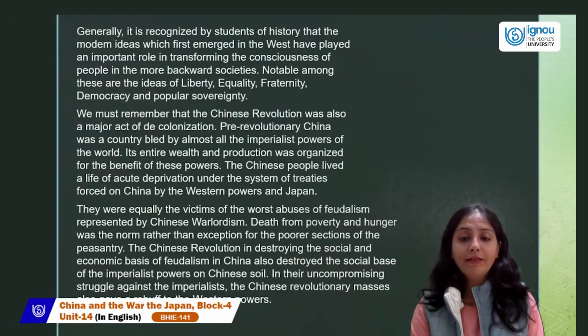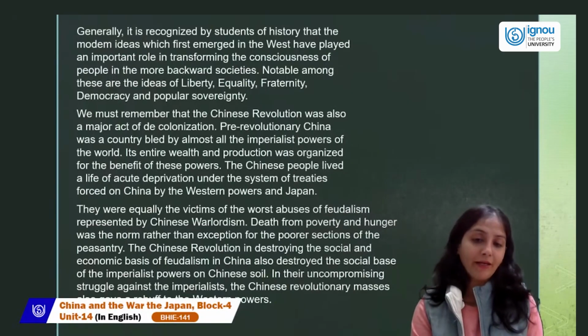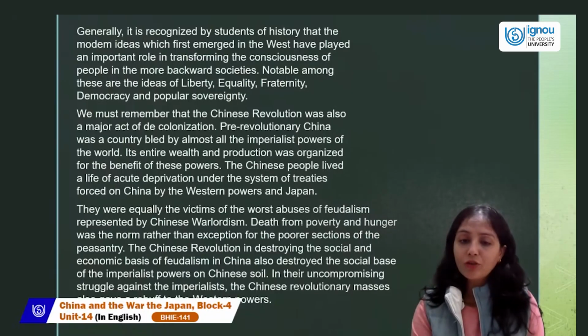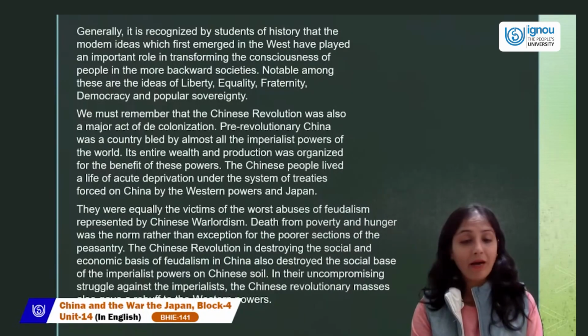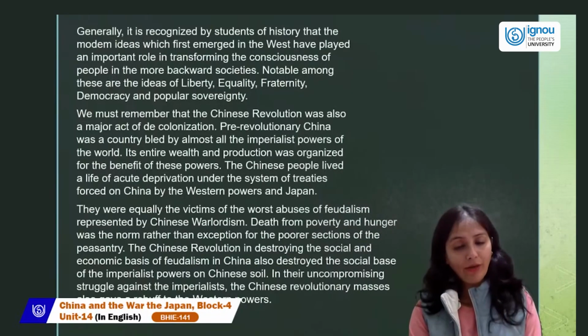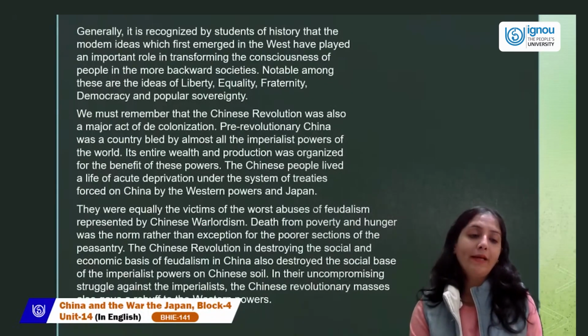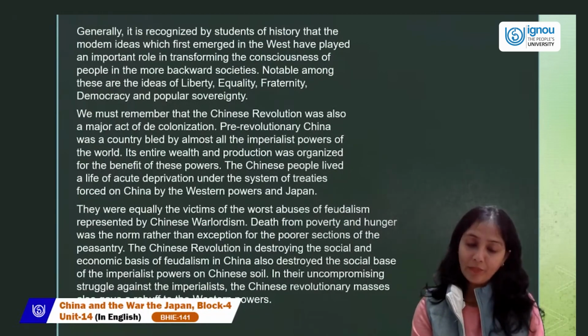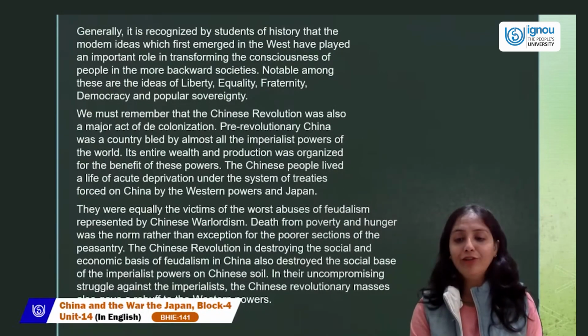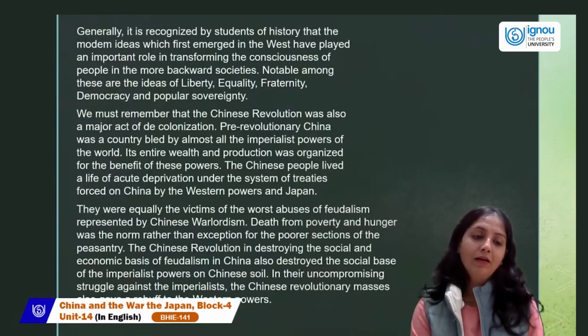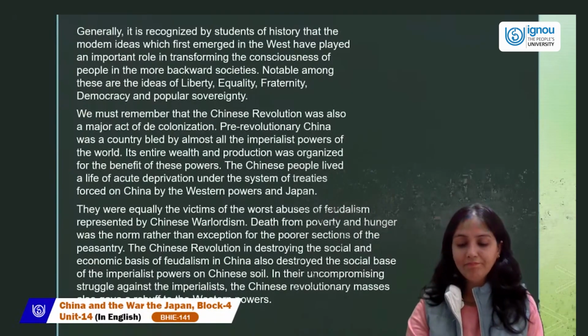The Chinese Revolution, in destroying the social and economic basis of feudalism in China, also destroyed the social base of imperialist powers on Chinese soil. In their uncompromising struggle against the imperialists, the Chinese revolutionary masses also gave a rebuff to the Western powers.